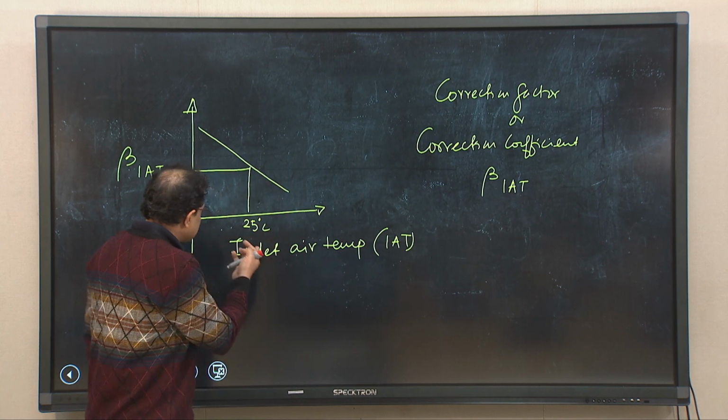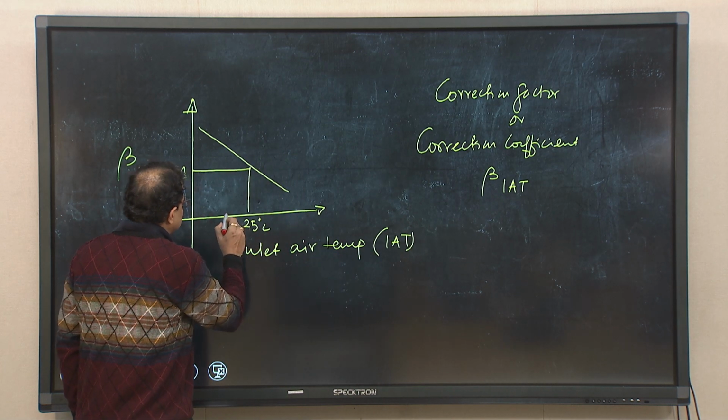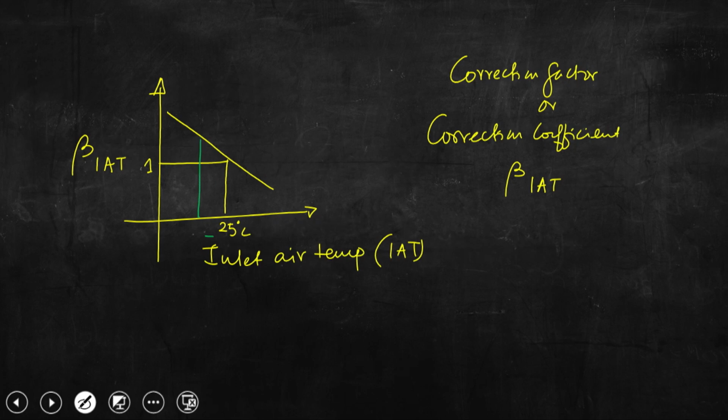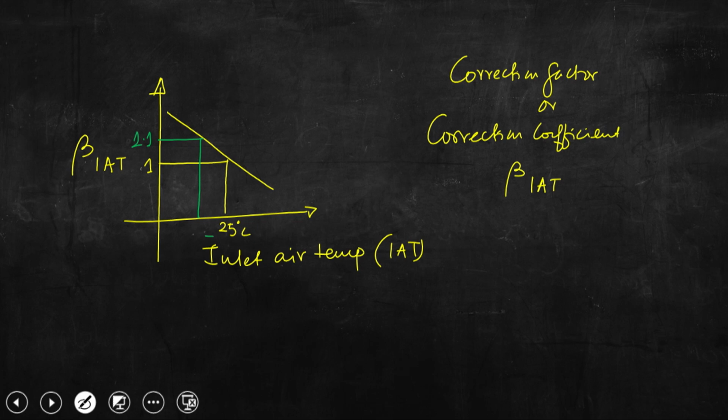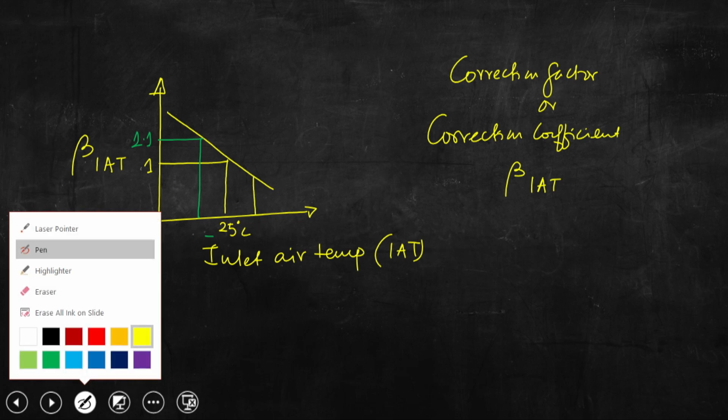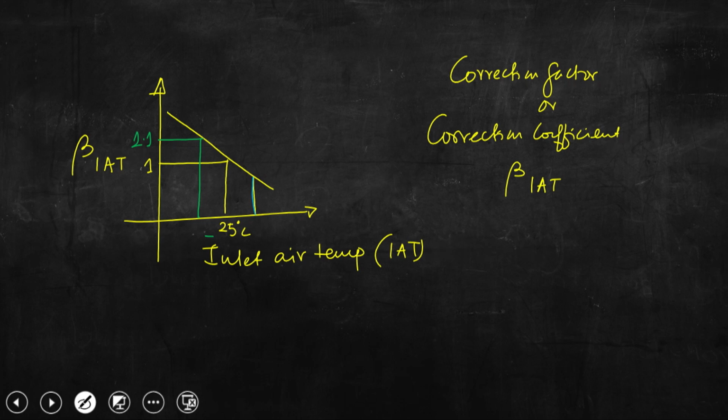So, for example, this becomes 1.1, or it may so happen that the inlet air temperature is greater than 25 degrees Celsius, then it may be like this, so this is 0.9.